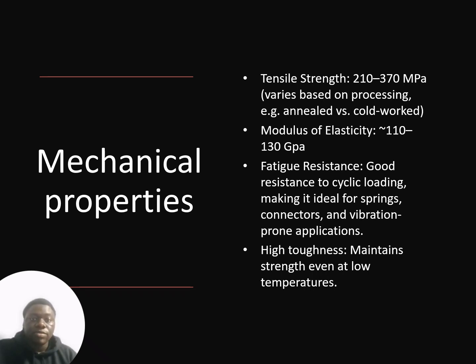The fatigue resistance of copper is good resistance to cyclic loading, making it ideal for springs, connectors, and vibration applications. And copper has a high toughness, which means it maintains strength even at low temperatures.